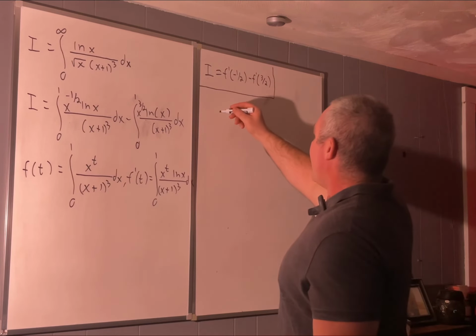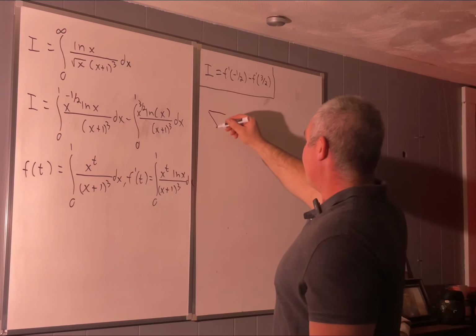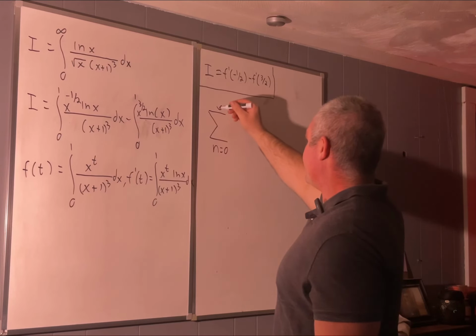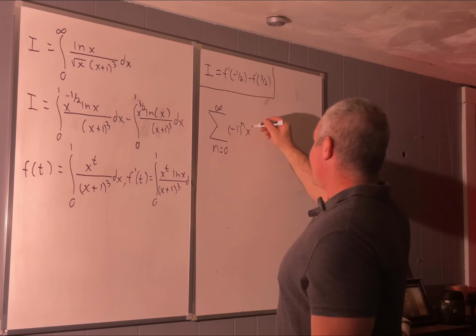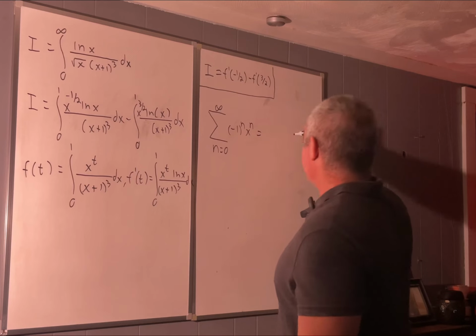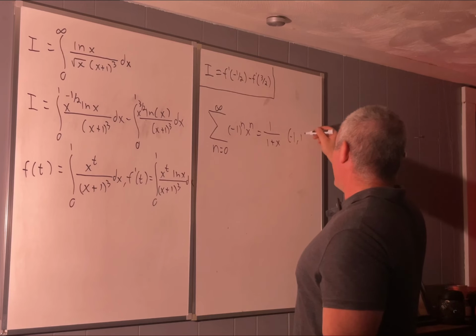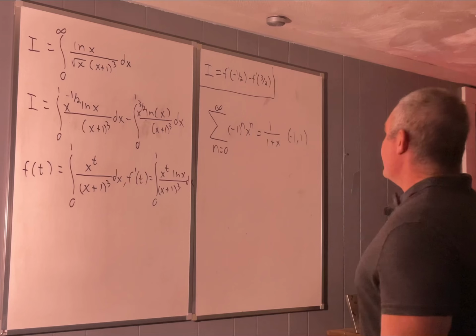We know that the sum from n equals 0 to infinity of negative 1 to the n times x to the n is equal to 1 over 1 plus x on the interval negative 1 to 1. One of the bounds is included, one of them isn't. I'm not sure, it doesn't matter.